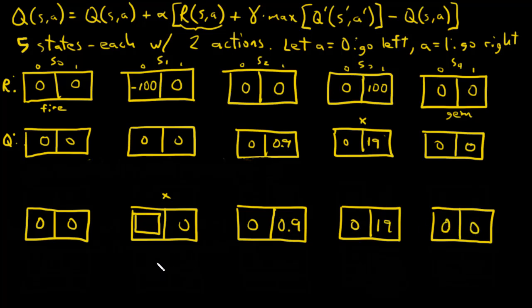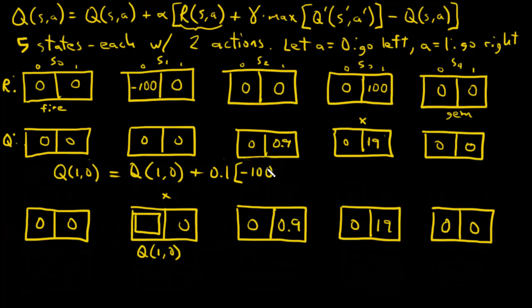Alrighty, so this is Q10 because it's the first state, and the action is 0, we're heading left. So how do I update this? Well, Q10 gets Q10 plus 0.1 times. We look above to the reward table and see that there's a negative 100 there.